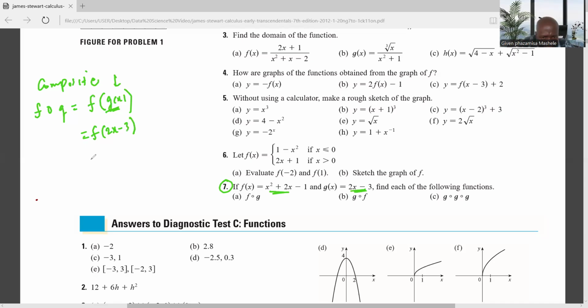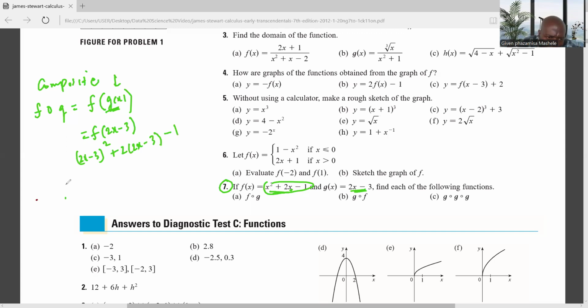Where there is x inside f, we put 2x minus 3. This will become (2x minus 3) squared, substituting where there is x, plus 2 times (2x minus 3), then minus 1.